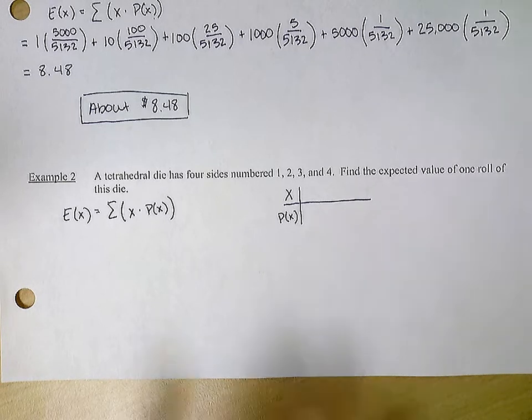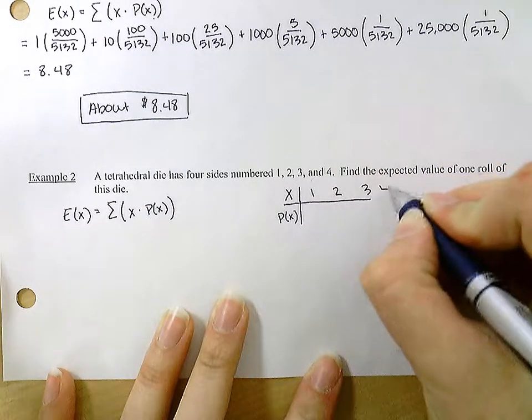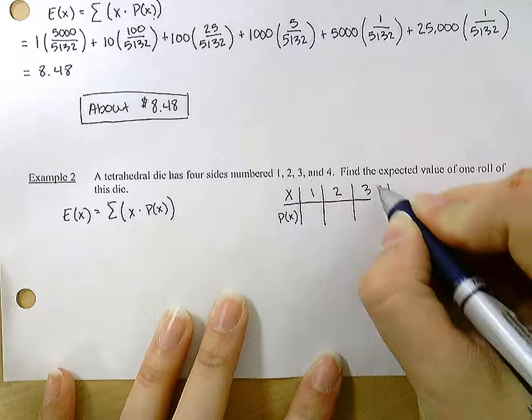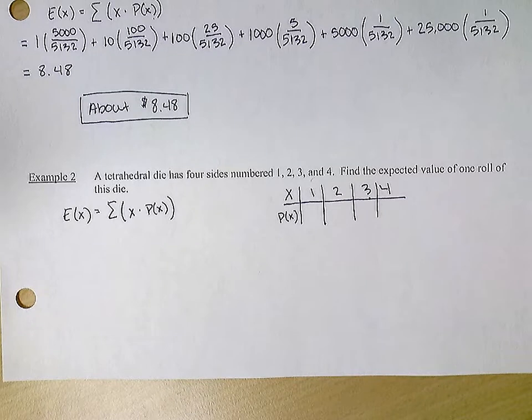Okay, our x values in this case are the numbered sides, 1, 2, 3, and 4. What is the probability that it lands on 1?